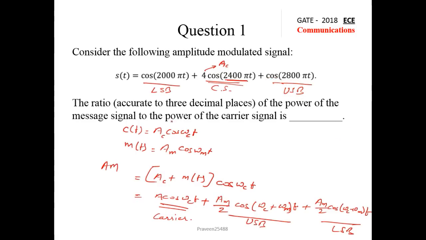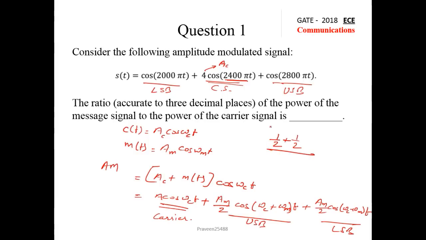Now we will calculate the power. So the power of the message signal means the power of the sidebands. Directly we can calculate it as the square of the amplitude divided by 2. So for the lower sideband it would be 1 over 2, and similarly for the upper sideband it would be 1 square by 2, which is 1 over 2, and we have to calculate the ratio.